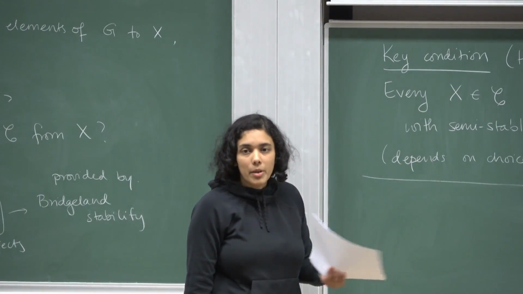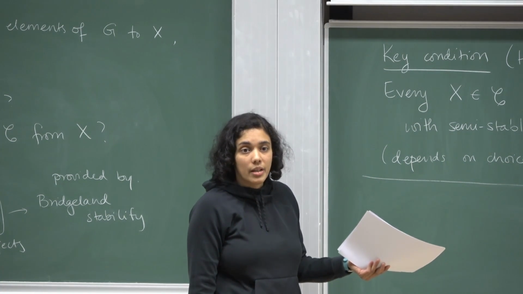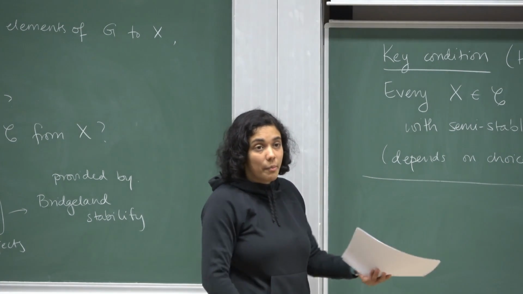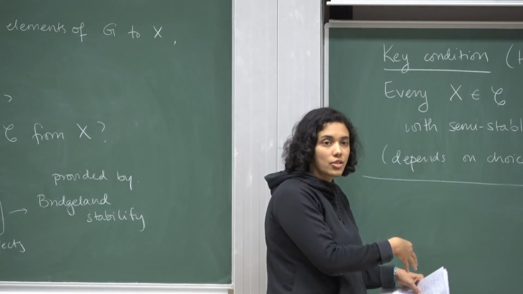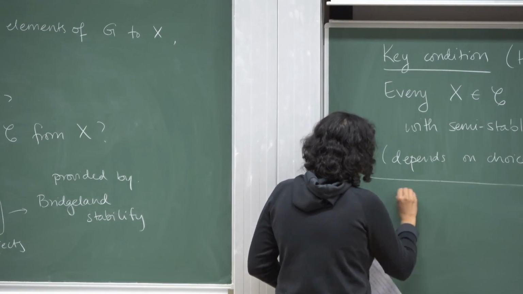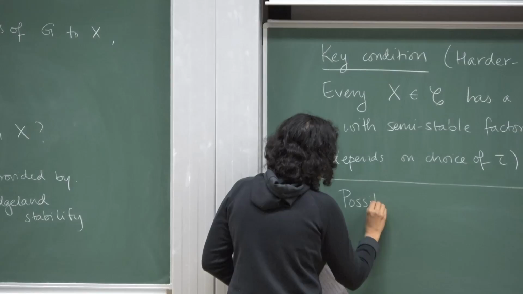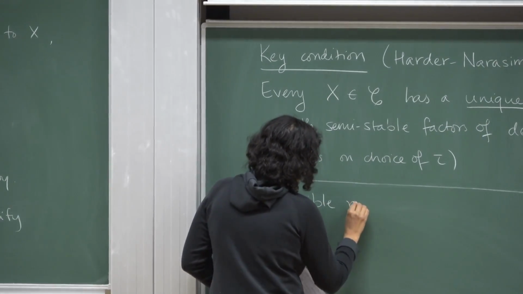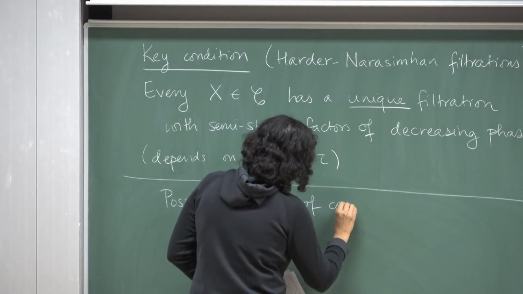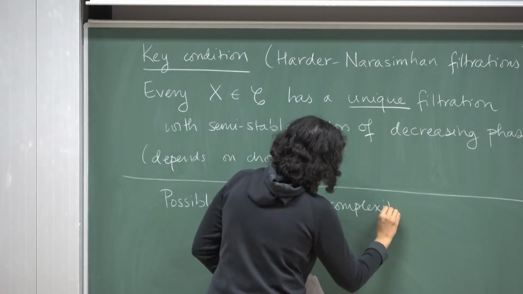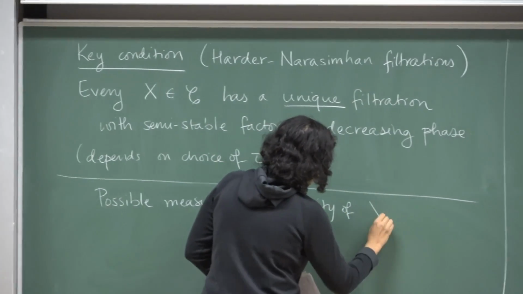So you can count maybe the number of semi-stable factors that appear in X. If there are many, then that means X is a complicated object with respect to the chosen stability condition. So you start acquiring some measures of complexity of X, let's say.